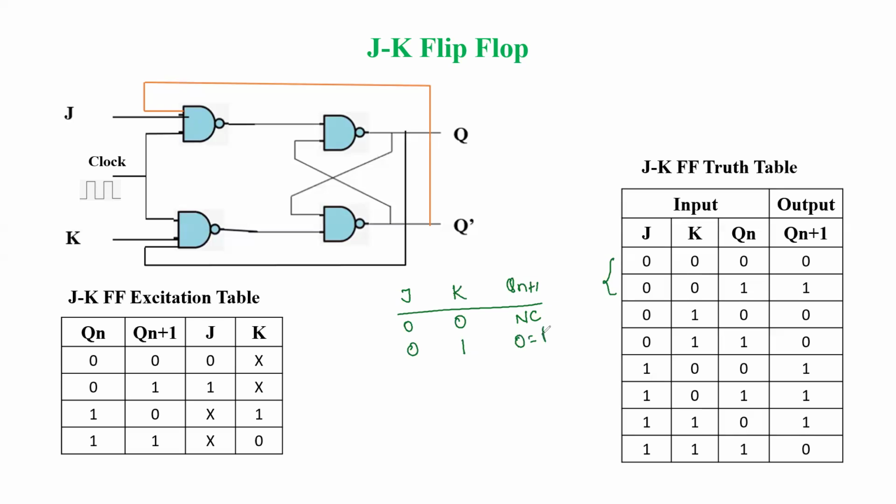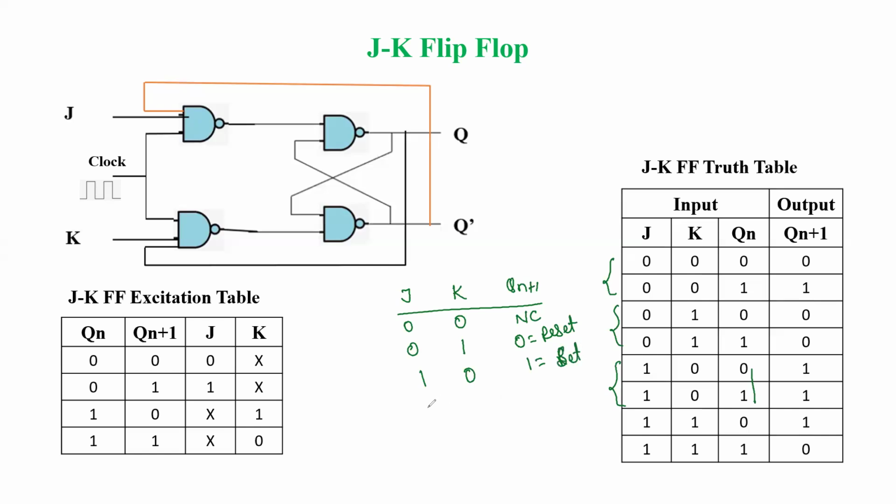That is the condition of reset. Another combination: if J and K are 1, 0, then whatever the value of Qn, either 0 or 1, Qn plus 1 is going to be 1 only. That is called set.